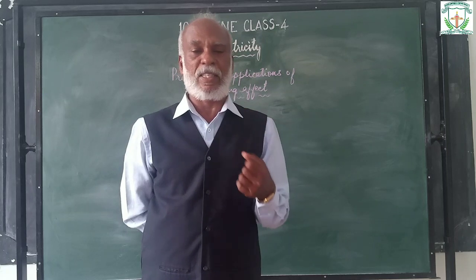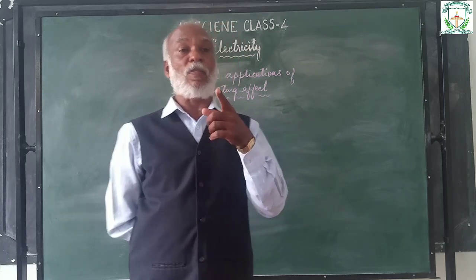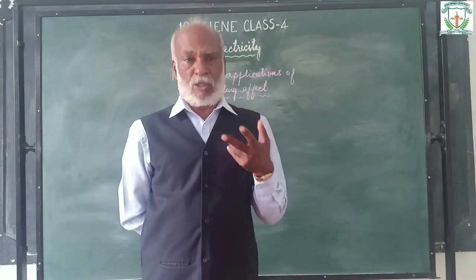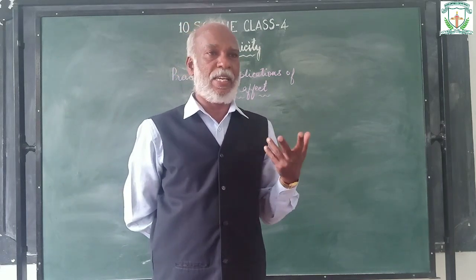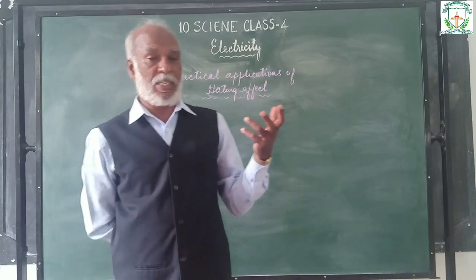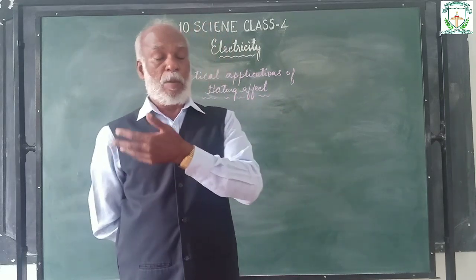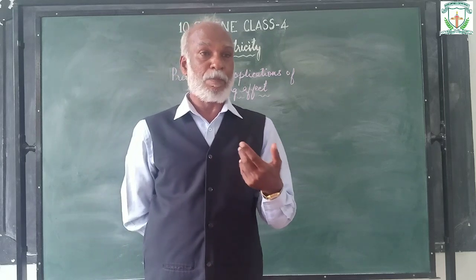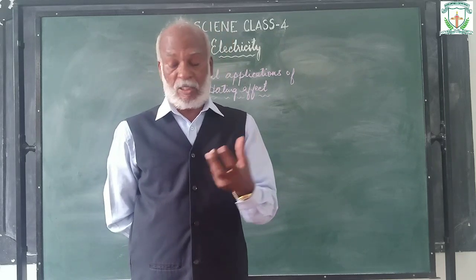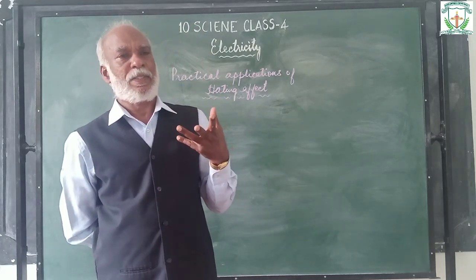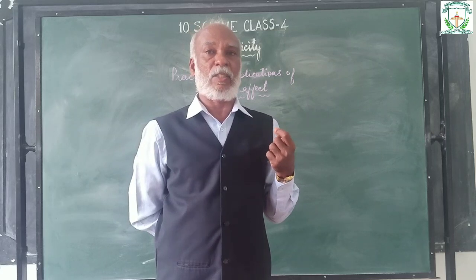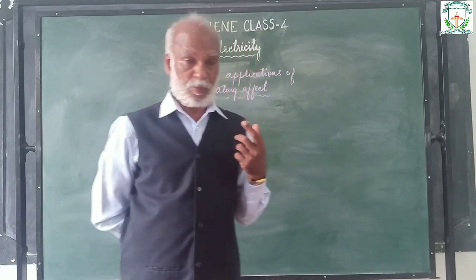So this is one of the practical applications of heating effect of electric current. All the heating devices we use in our daily life, like electric iron, electric geyser, kitchen appliances like a toaster grill, then your electric stove, all these are directly applications of heating effect of electric current.